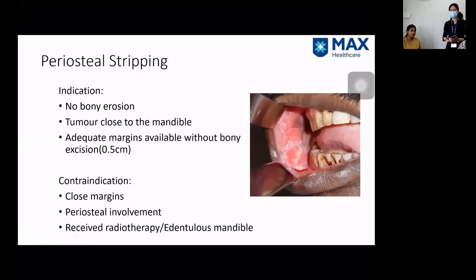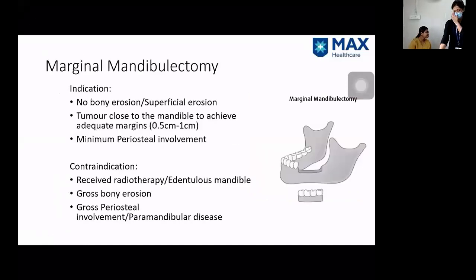This should be avoided when there is periosteal involvement. Marginal mandibulectomy is done when disease or superficial bone erosion is present, and we are able to get a proper soft tissue clearance all around the tumor.